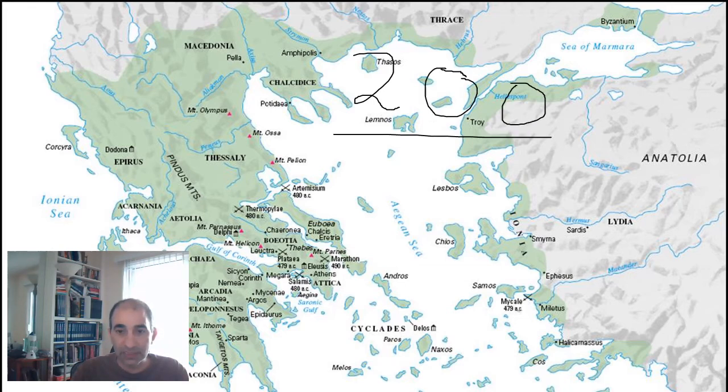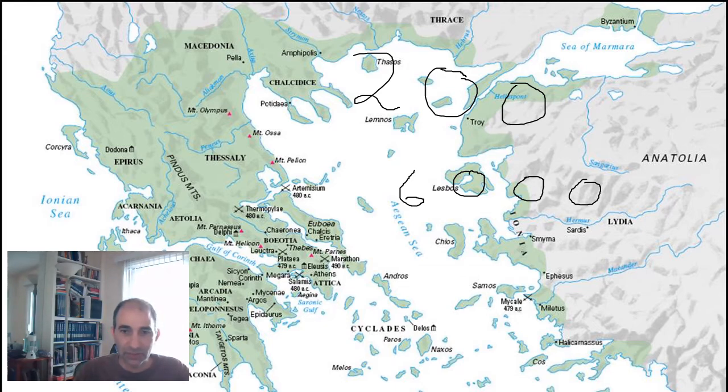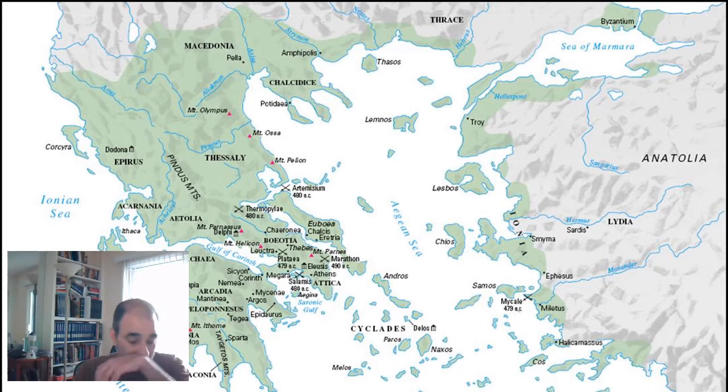Of the 20,000 forces Datis and the Persians had, they lose about 6,000. So you go, wait a second, what just happened? The Persians are outnumbering the Greeks 2 to 1. The Greeks don't have their best soldiers. How did Datis pull this off? Well, this is what's going to happen. A little bit more detail about this first battle.